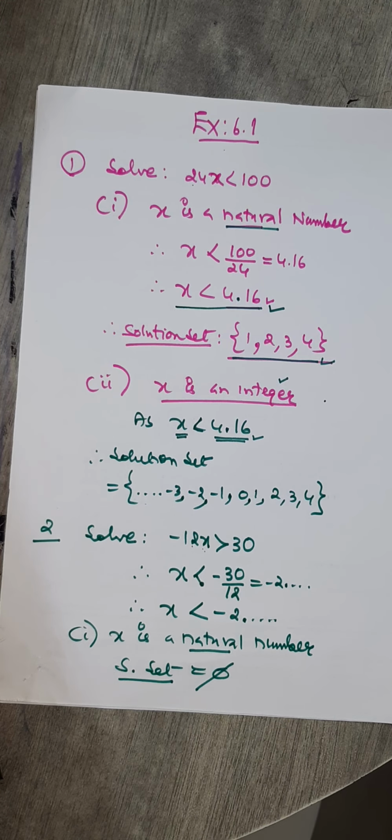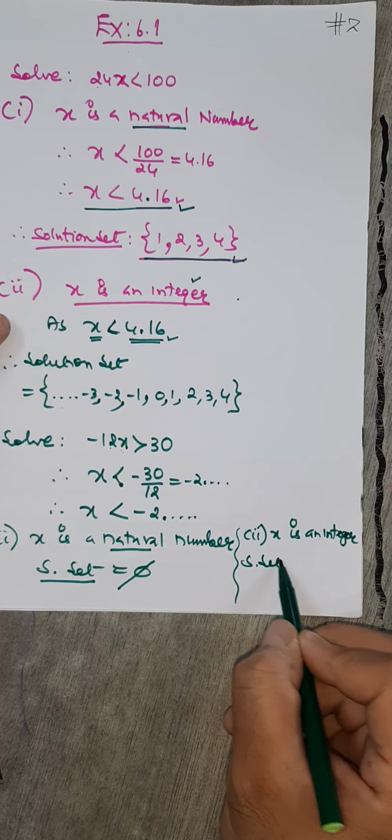Whereas in the other case, what about the case where x is any integer? Your second sub question is x is an integer. Now what are the integers less than minus 2?